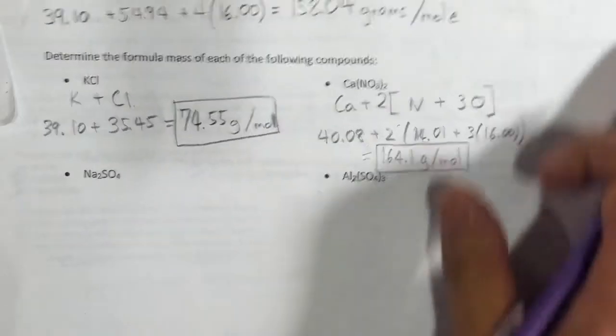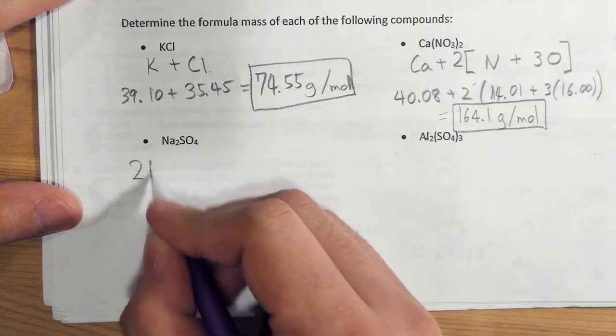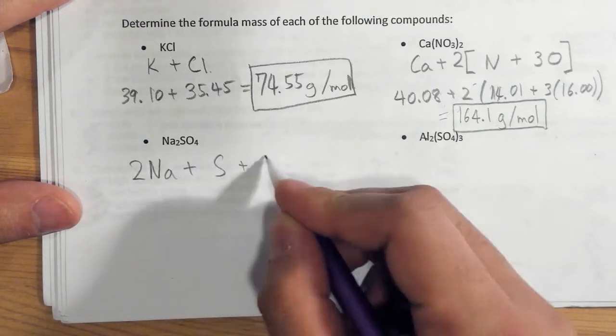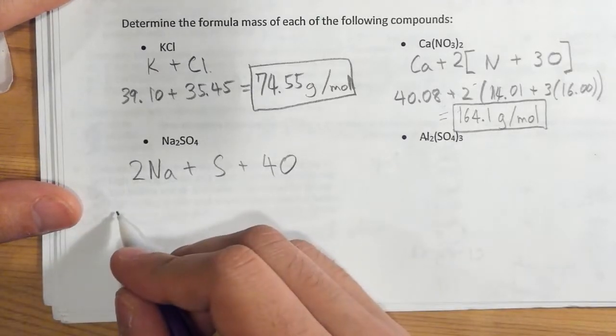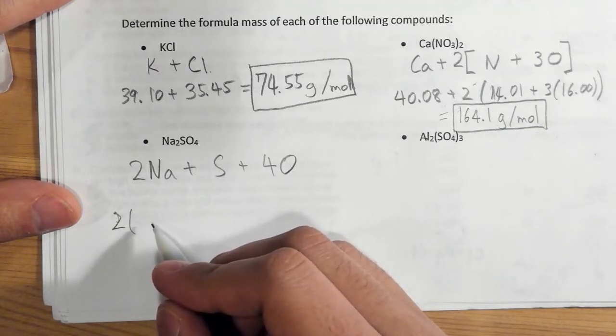Alright, so we have 2 more to go. So Na has 2, there's 2 Nas, sodiums, plus S plus 4 times O. Okay, so how many are there, or what's the mass of Na, or sodium?